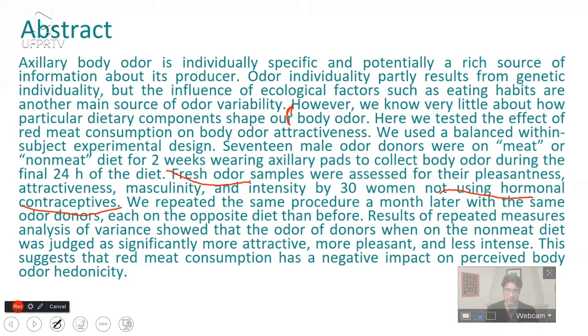They performed repeated measures ANOVA, and then the last sentence is really important, where they say this suggests that red meat consumption has a negative impact on perceived body odor hedonicity, and this word here, suggests, is key. That word suggests is just strong enough to say that you're not saying that this conclusively proves that it is the case, but that there is a suggestion of that.